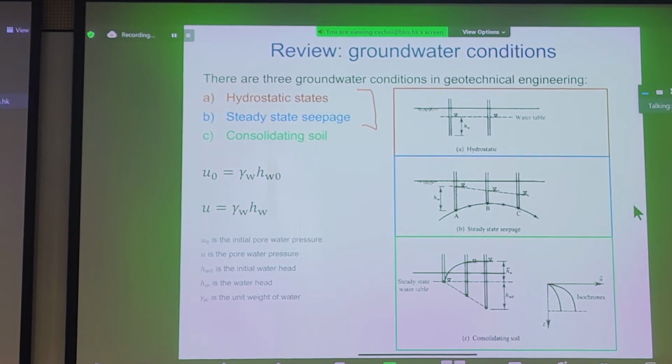And what do I mean if you know the pore pressure? Well, if it's hydrostatic or if it's steady state, then you can calculate it, right? But if it's transient, for example, you have a very fast rate of loading and the pore pressure can't even be generated or dissipated or detected by the pore pressure measuring device, you don't know the pore pressure. And you know that soil behavior is governed by effective stress, right?